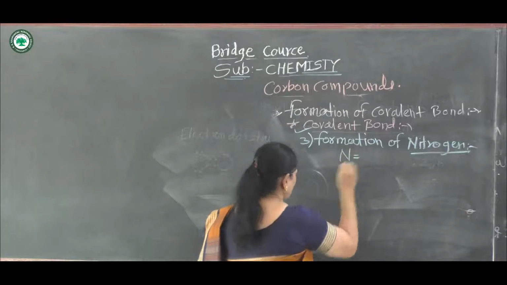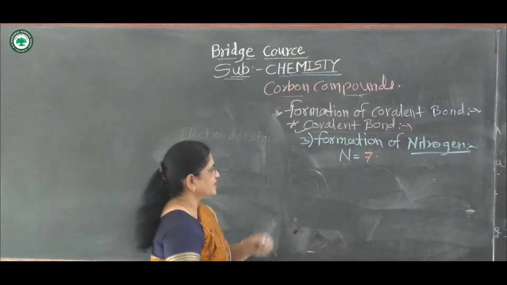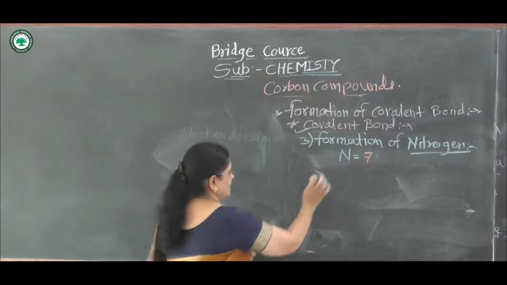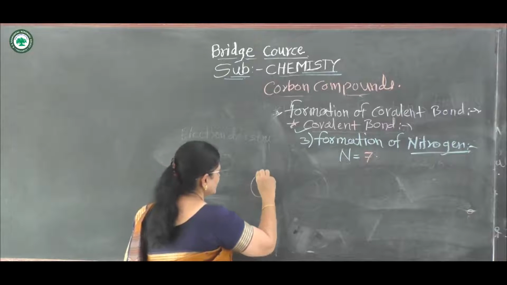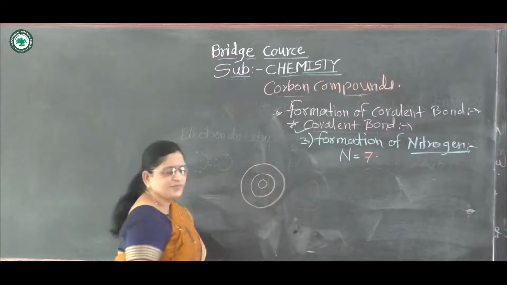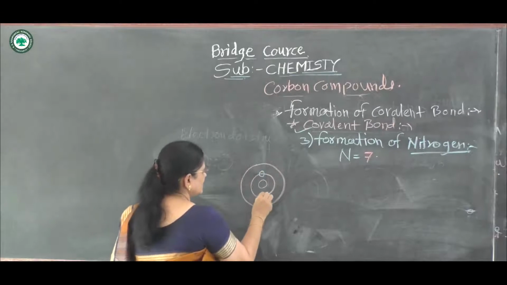The atomic number of nitrogen is 7. Again, the first atom of this nitrogen has 2 electrons in the first orbit.